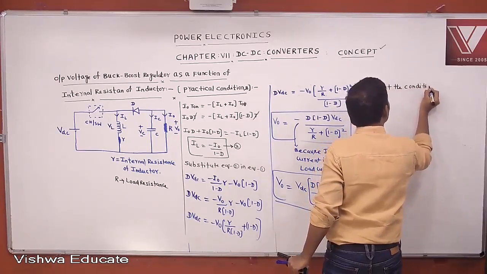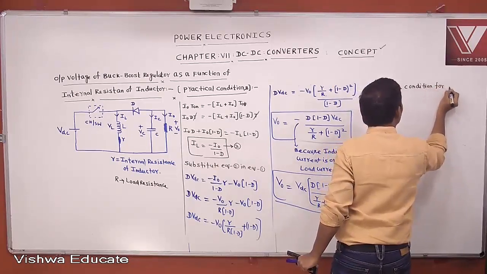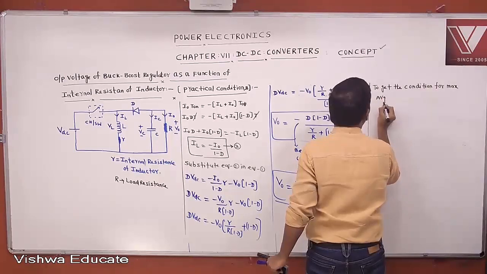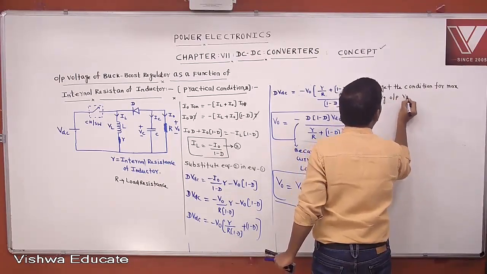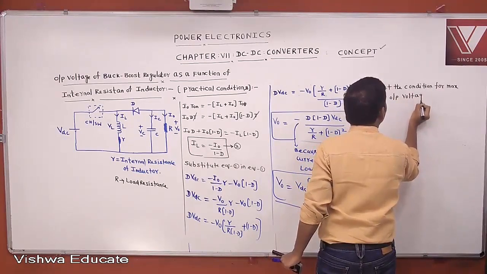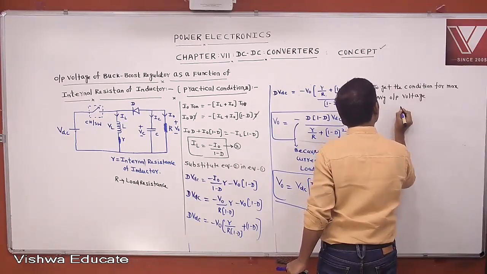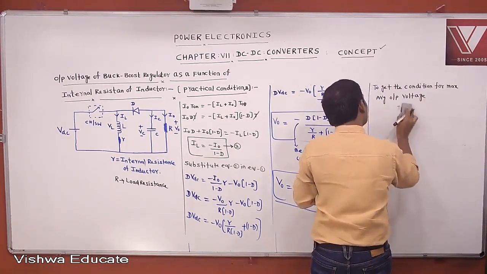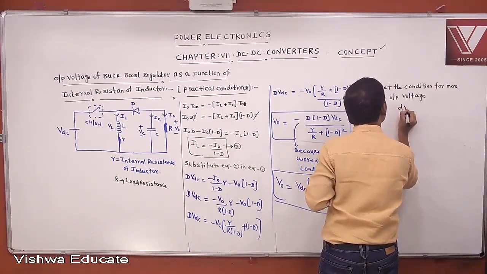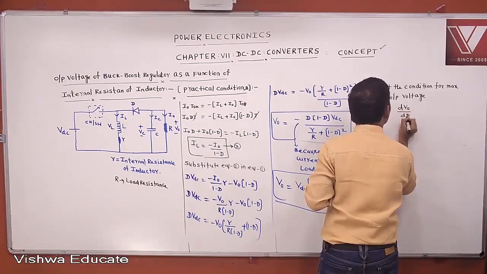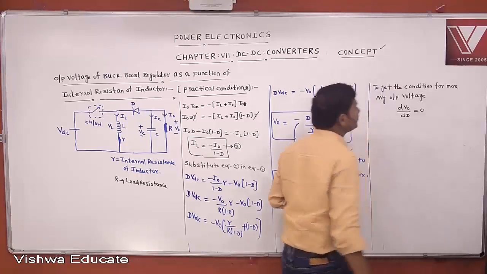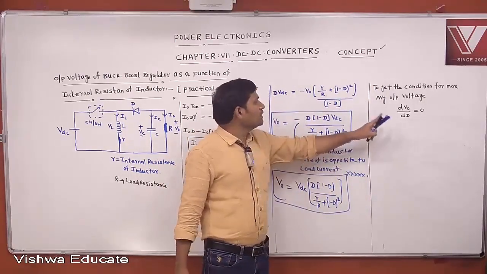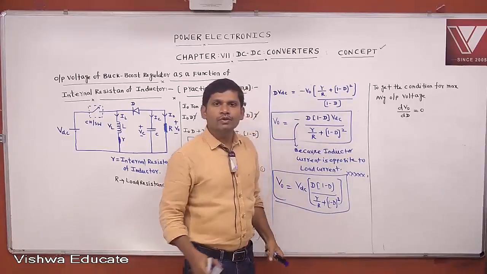To get the condition for maximum average output voltage, differentiate average output voltage with respect to duty cycle and equate to 0. You differentiate this average output voltage with respect to duty cycle, then equate to 0.